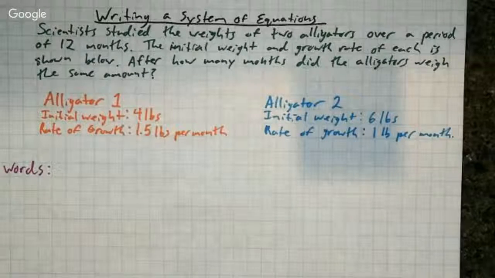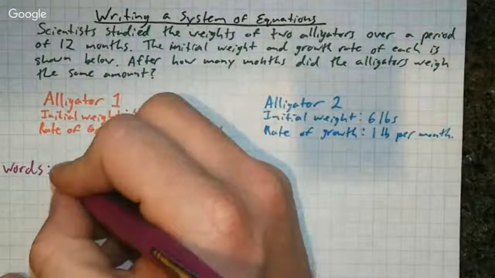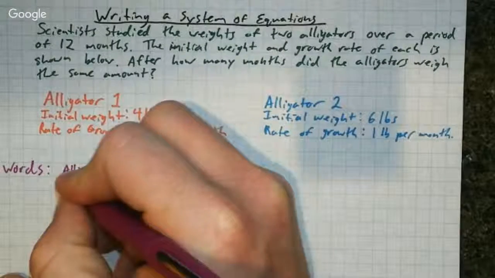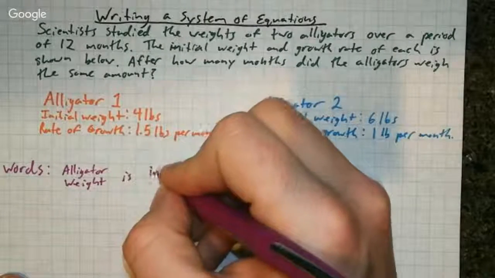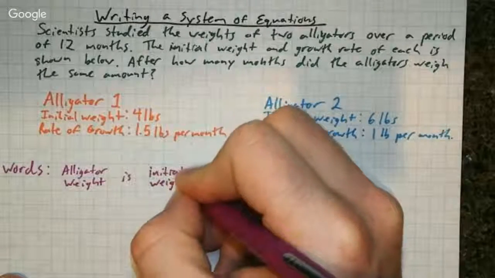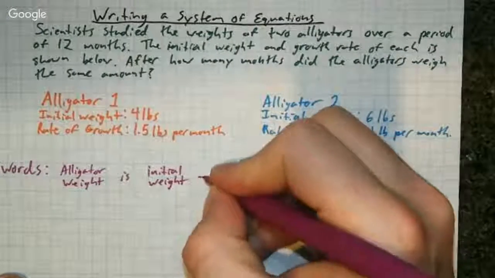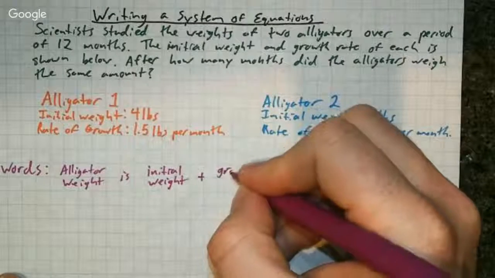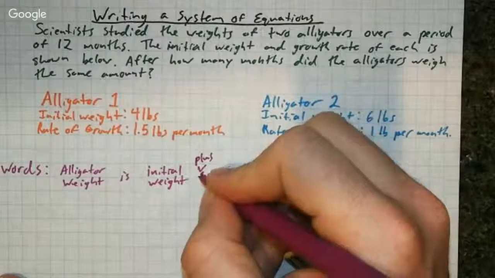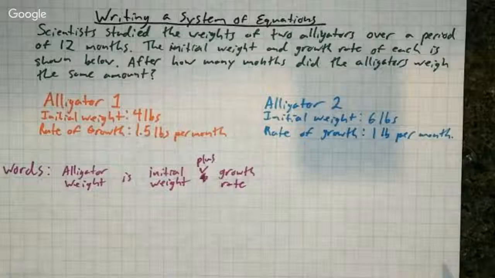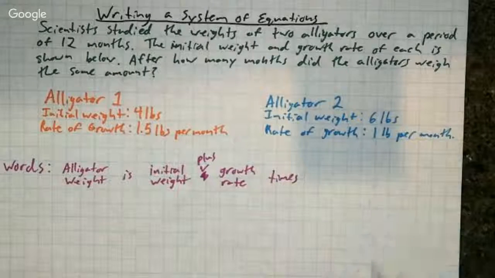The way we would say it to find out what the alligator size is right now would be: alligator weight is the initial weight, because you need to know how much it initially weighed, plus the growth rate times, and what does the growth rate rely on?